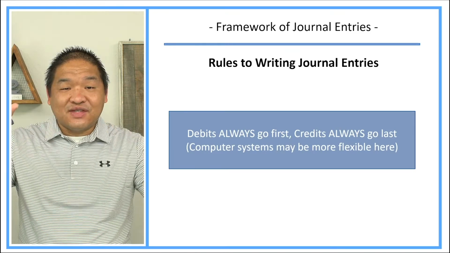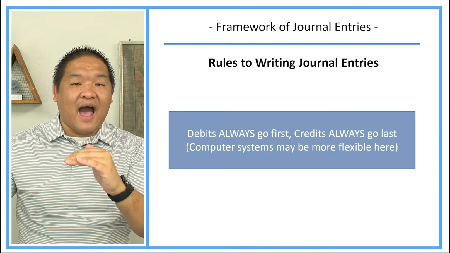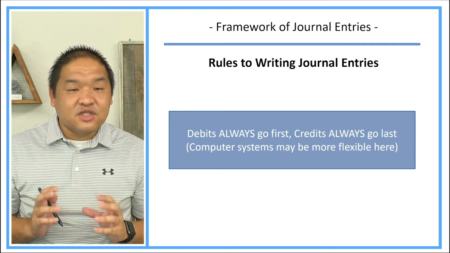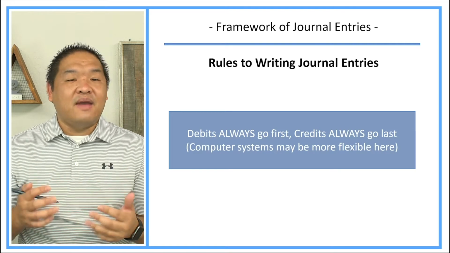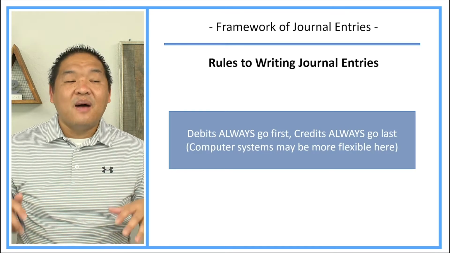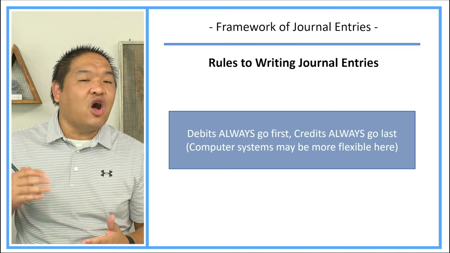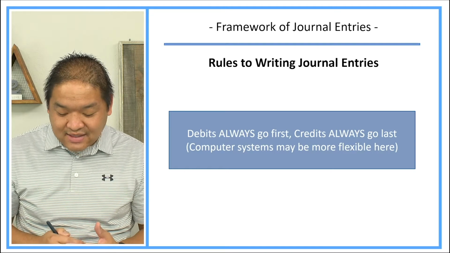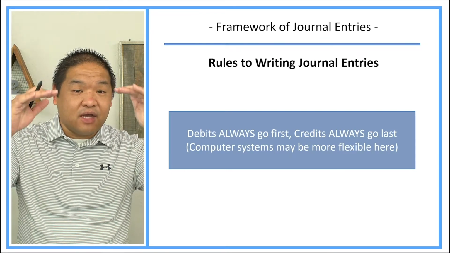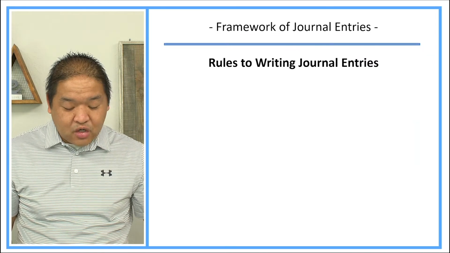Now, debits always go first. So when we talk about those 6 lines, debits always first, credits always last. Now, there is a caveat here. Computer systems are smart when it comes to accounting. They might be okay with having credit go first and debit go last, but generally speaking, debits always go first, credits always go last. Okay, so debit first, credits last. So debit should be the first line, credit should be the second line, assuming you only have 1 debit and 1 credit.